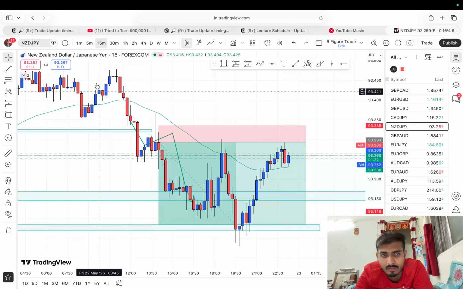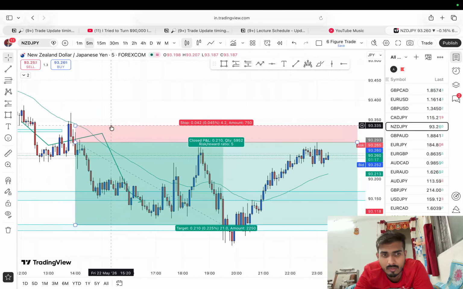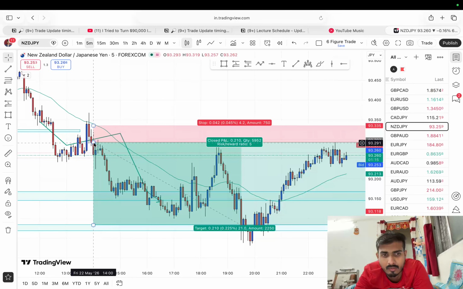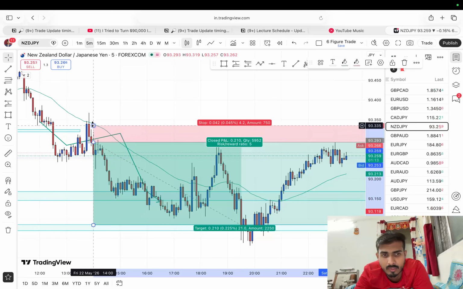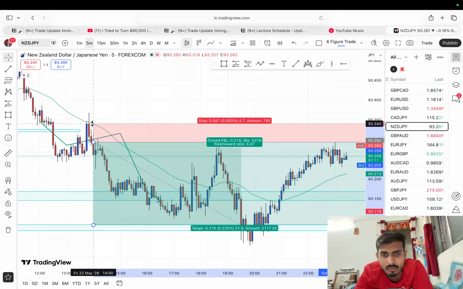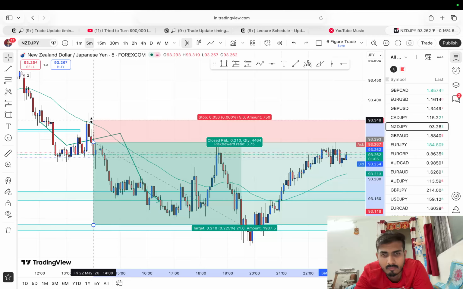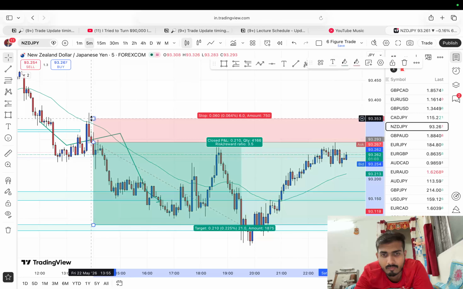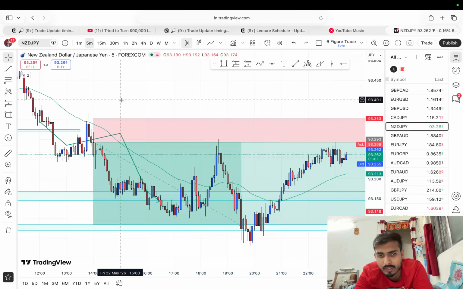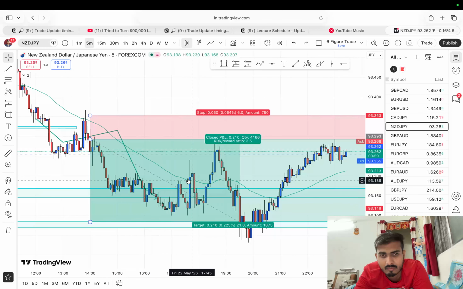This is not the lower high. On the 5 minute, yes, the 5 minute has a lower high right there. So this will be 4.7, adding 2 pips into that by 6. We will be having a profit of 3.5.